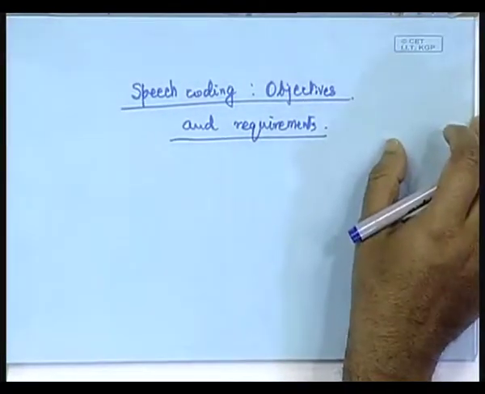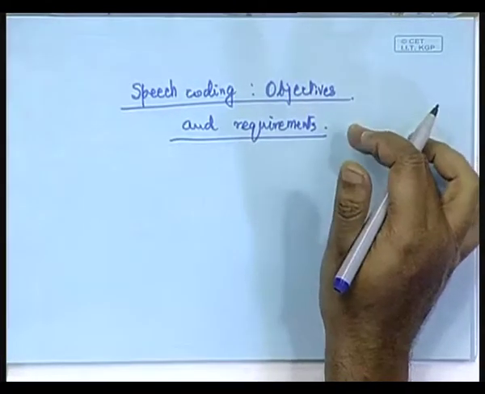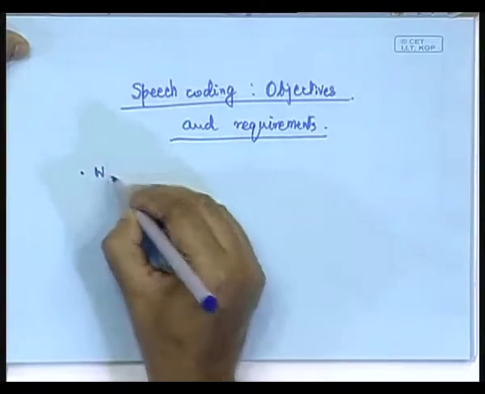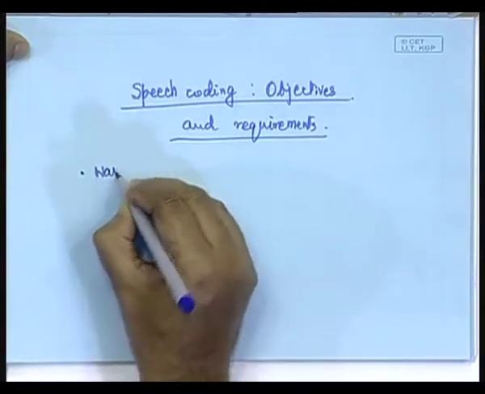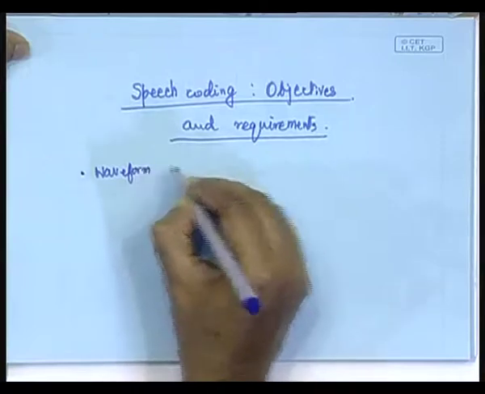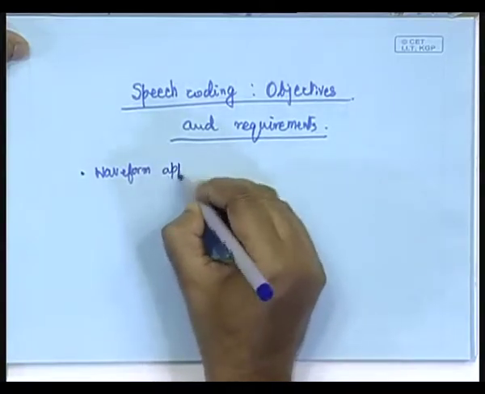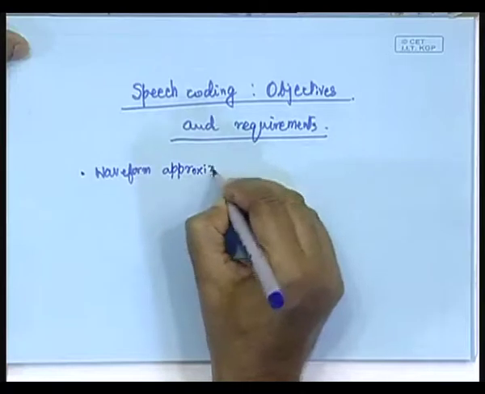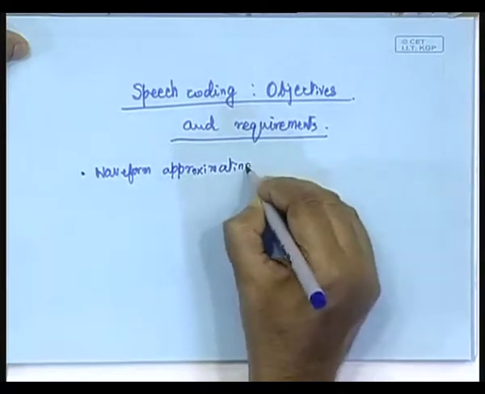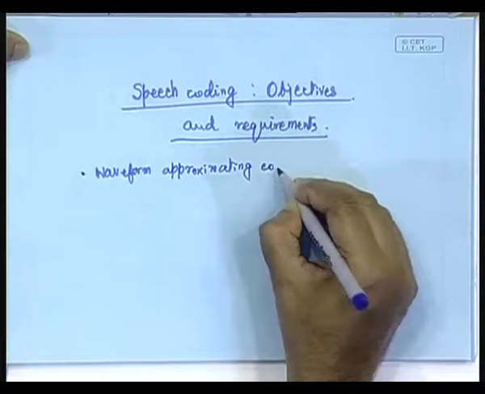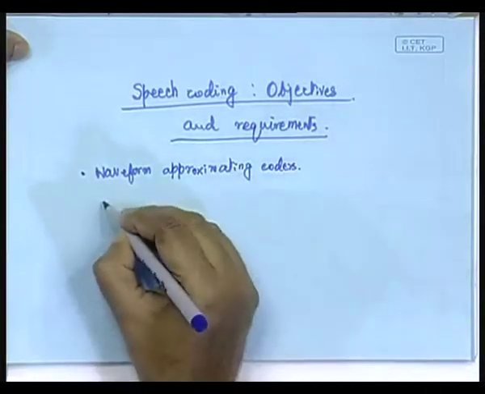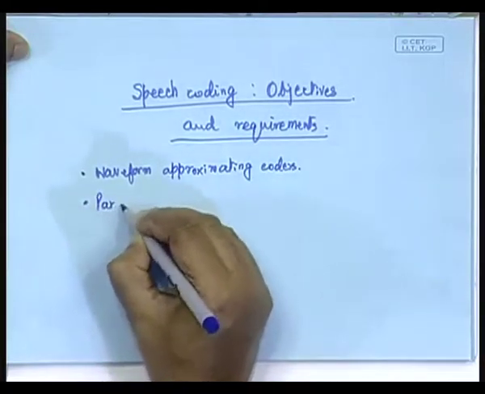Now, I have already told in the first lecture itself that speech coders can be divided into 2 distinct classes. One is what I mentioned as the waveform approximating coders, and the other is the parametric coders. Examples you already know: PCM and ADPCM are waveform approximating coders, and parametric coders, as I described just now.